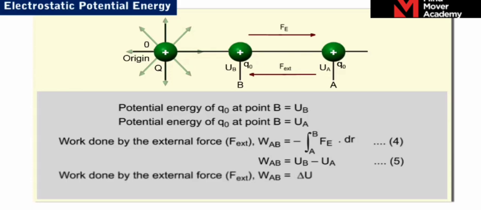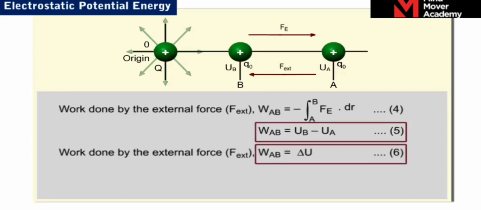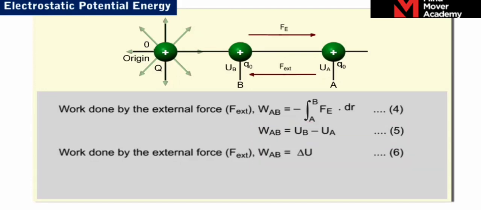The work done by the external force F, WAB, is equal to delta U. Let us label it as equation 6. From equations 5 and 6, the work done by the external force WAB can be rewritten as delta U is equal to UB minus UA.